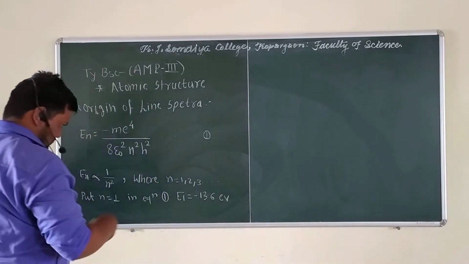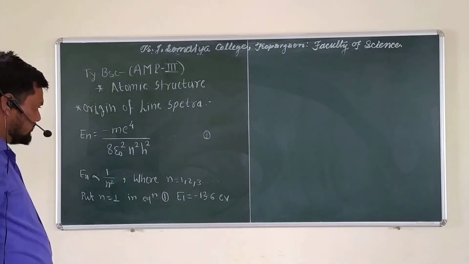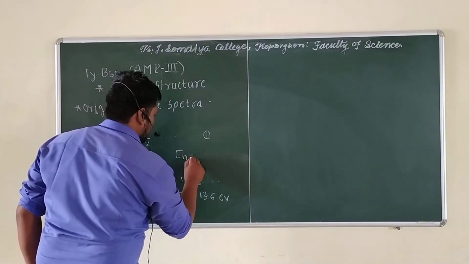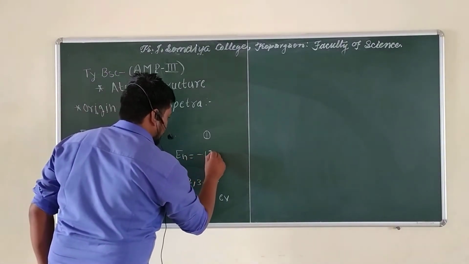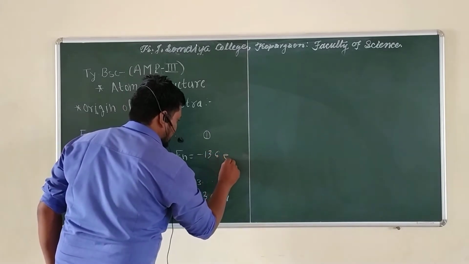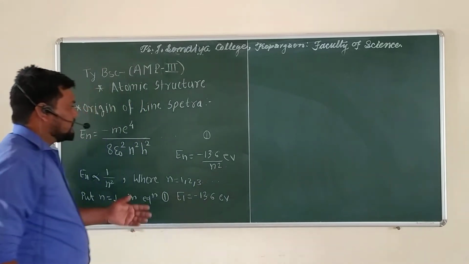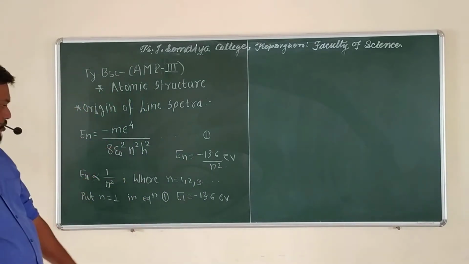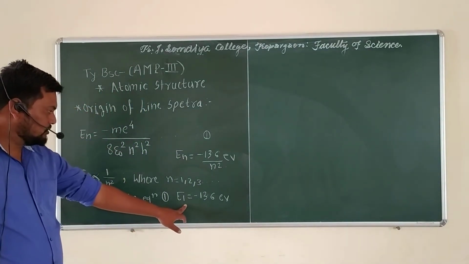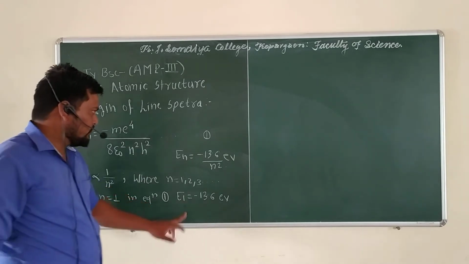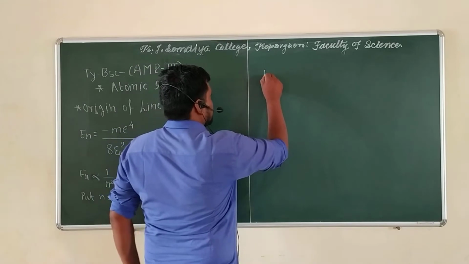So the formula is En is equal to minus 13.6 electron volt divided by n square. That is minus 13.6 electron volt energy for the first orbit, which is the ground state energy of an electron.